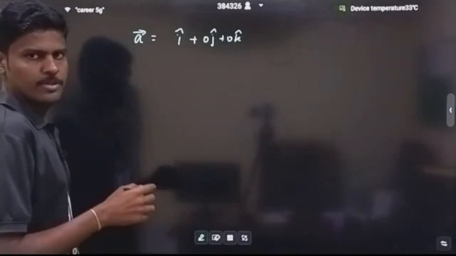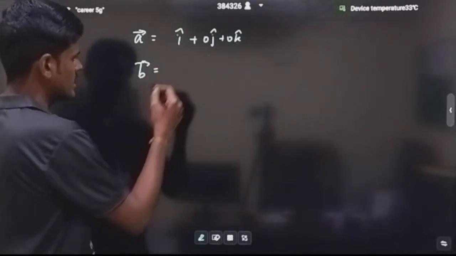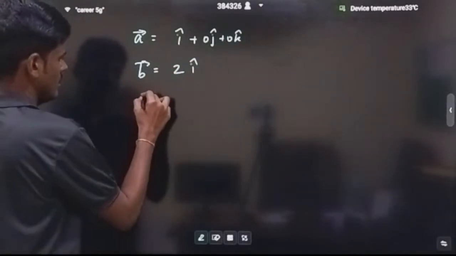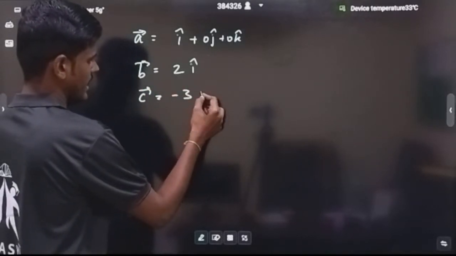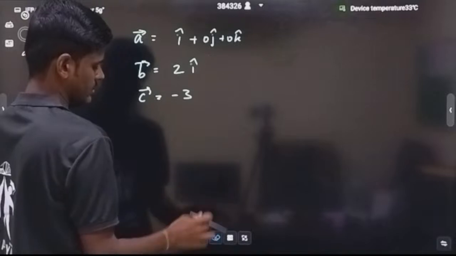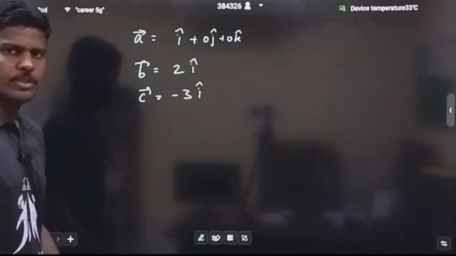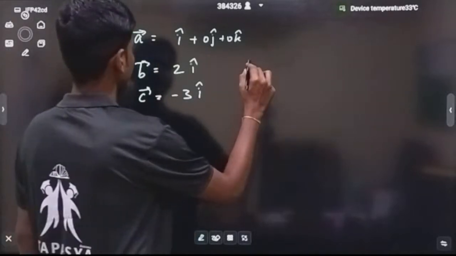Then what we need to do? Suppose we take B vector, which can be defined as 2 i cap plus 0 plus 0, and C vector equal to minus 3 i cap. Now these three vectors are actually parallel vectors, yes or no?